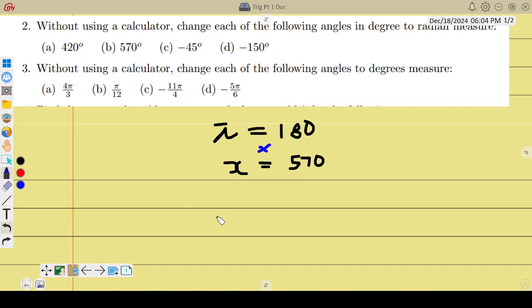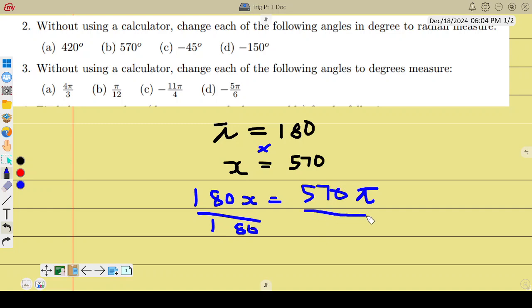We say 180 times x, so 180x is equal to 570 pi. To remain with x alone, we divide by 180, and there also we divide by 180.